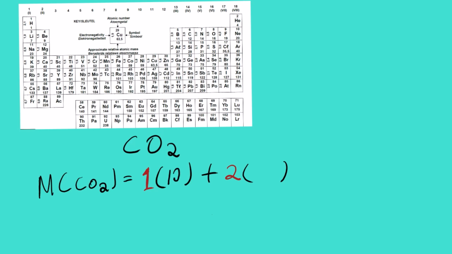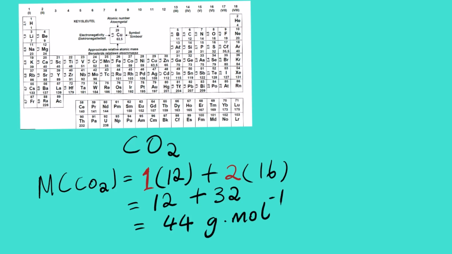We have 12, and then oxygen we have 16. Then 1 multiplied by 12 is 12. 2 multiplied by 16 is 32. And then 32 plus 12 is 44 grams per mole. I hope you got the answer. Let us go to our next exercise.